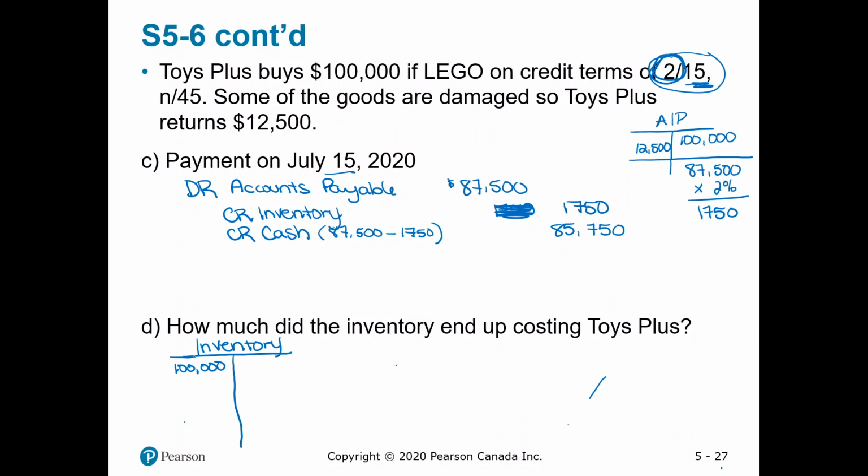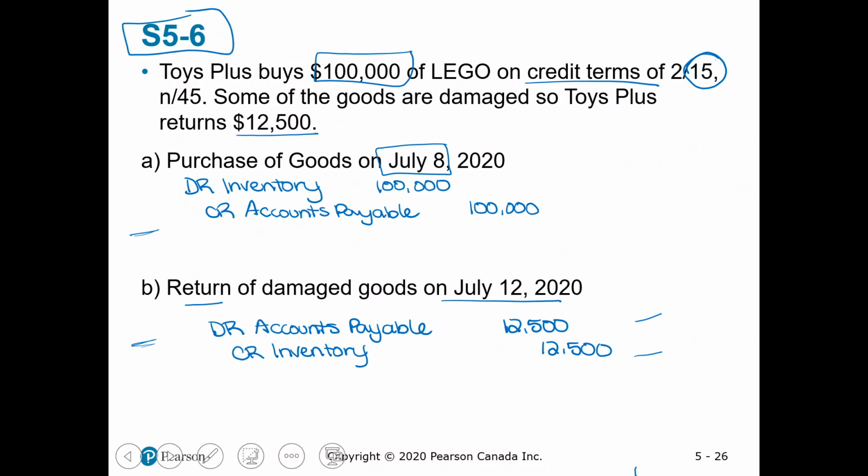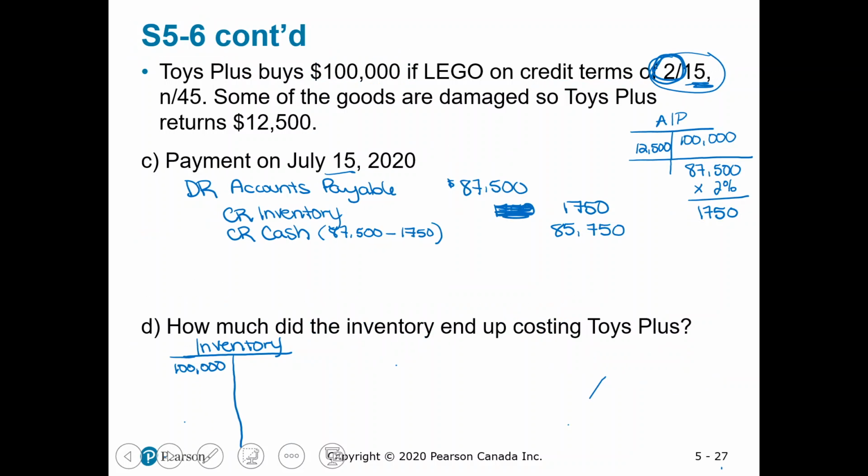So we debited inventory for that amount. That was this first entry. Then we returned some. When we did that, we credited inventory for $12,500. And then we received the discount when we made the payment within that shortened discount period. So we also had the credit here for $1,750.